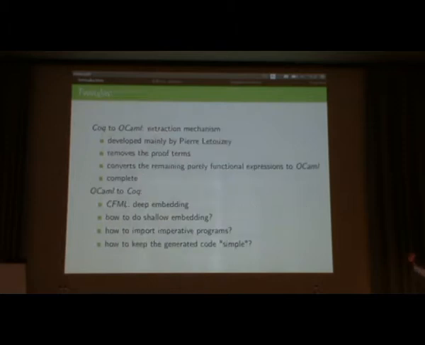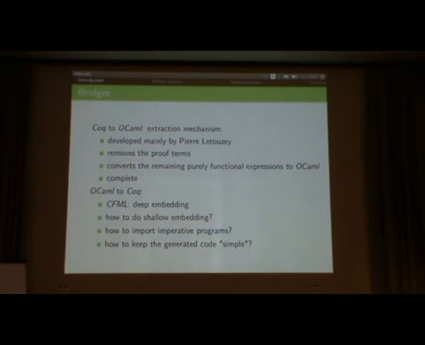So we would like to have some bridges between the two. To go from Coq to OCaml, it's already well known with an extraction mechanism made by Pierre Letouze, which can convert almost any Coq term or program to OCaml.